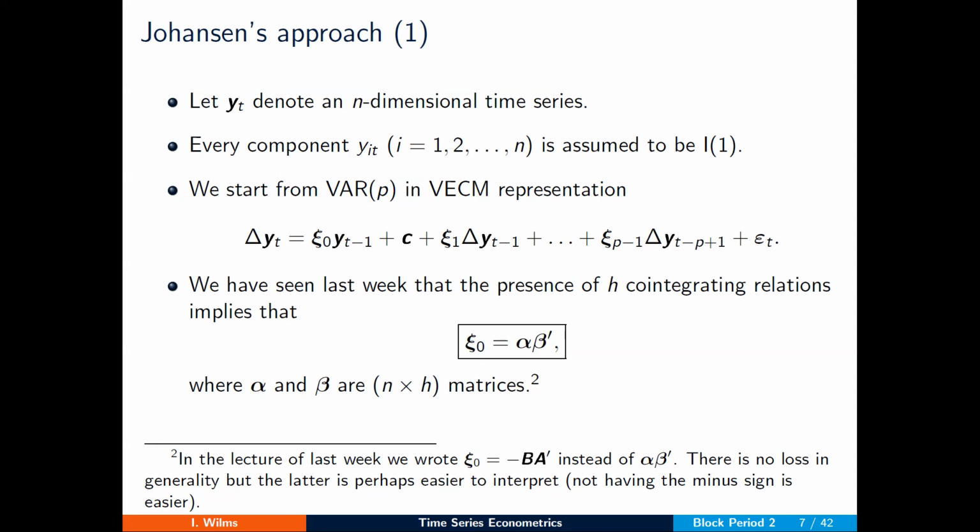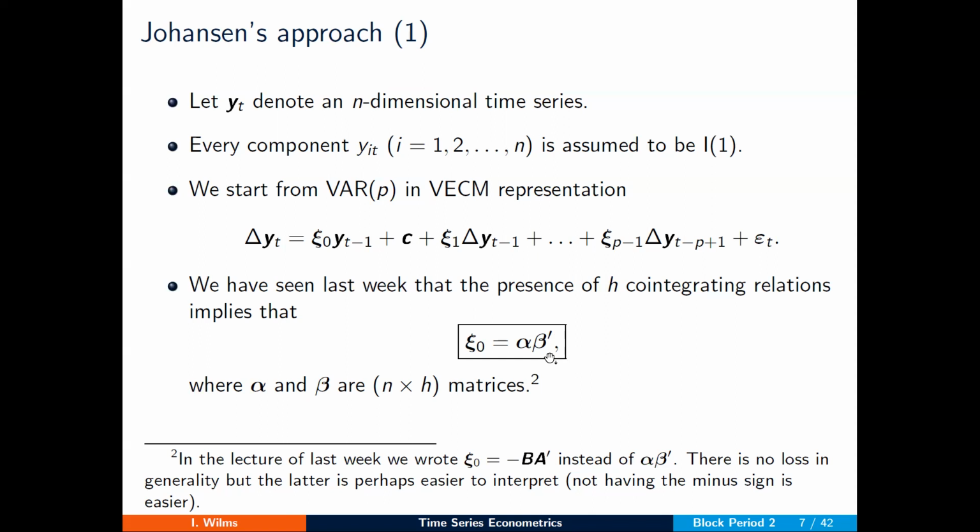You might observe here that the notation is slightly different from what we've seen last week. The two are, of course, equivalent, so it's just a matter of rewriting, but we will work with this decomposition of Xi naught in terms of alpha and beta today, as this is most often used in Johansen's literature. Now, what do these low-rank matrices capture?